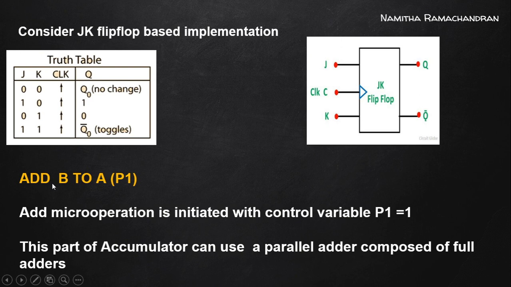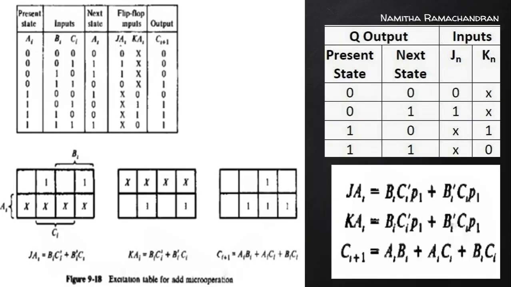In order to perform addition in the ALU, we considered a parallel adder circuit with n number of flip-flops. The same concept is used here for the design of the accumulator. Okay, so this is the case.